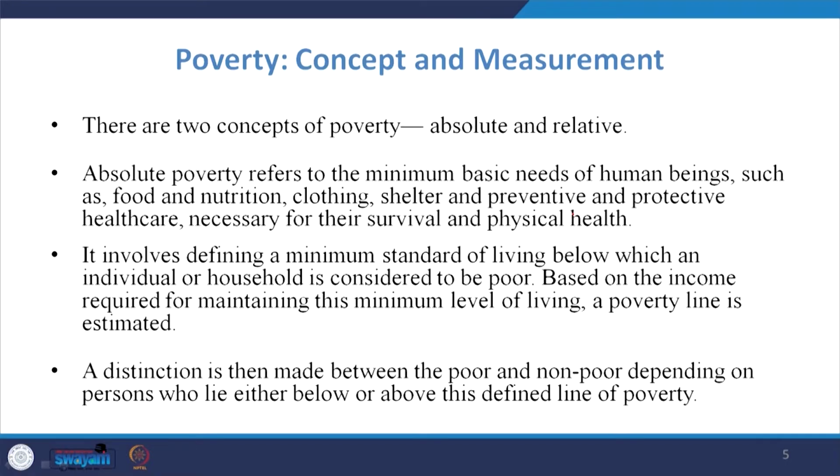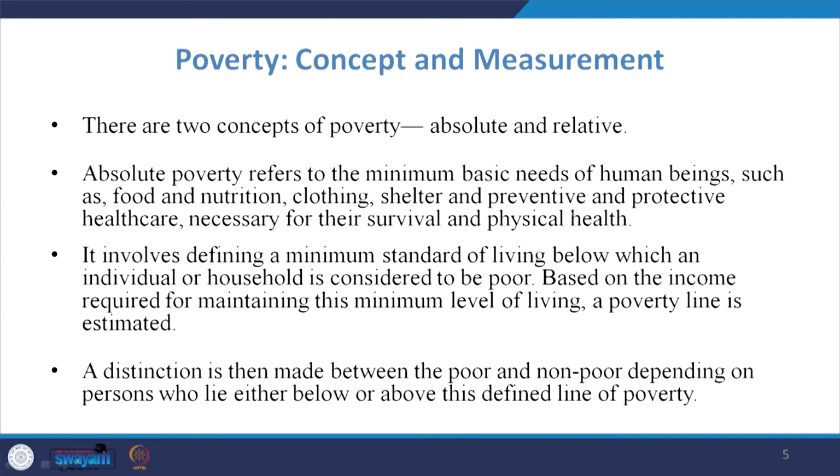So, if a household is not getting minimum calories, and that calorie was set initially at 2400 in rural area per person per day and 2100 in urban area per person per day, then if a household's members are not able to get the minimum calories to consume, that household will be treated as poor. So, poverty line is fixed on the basis of calorie requirement that is necessary for the healthy body.